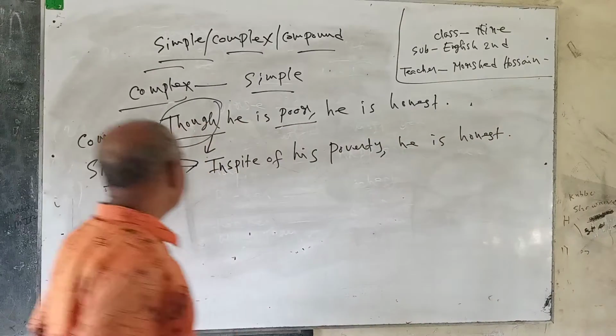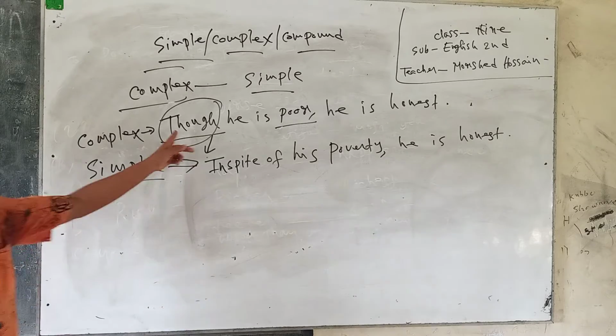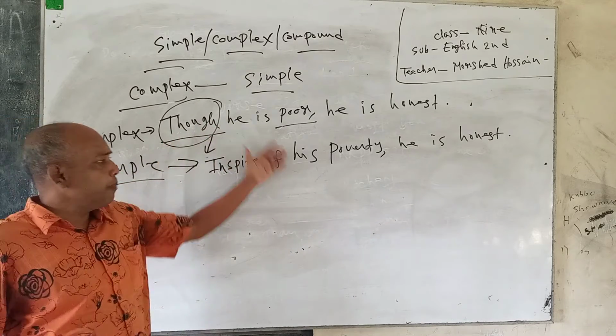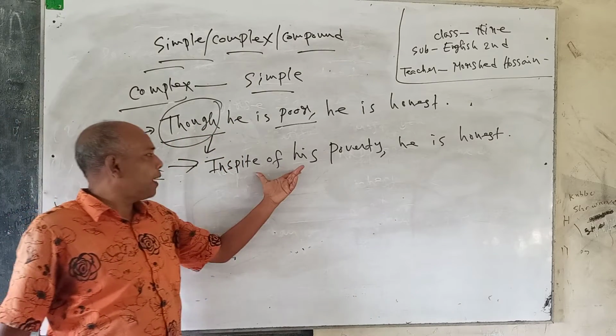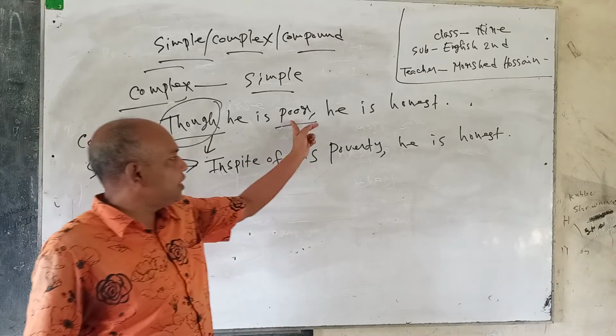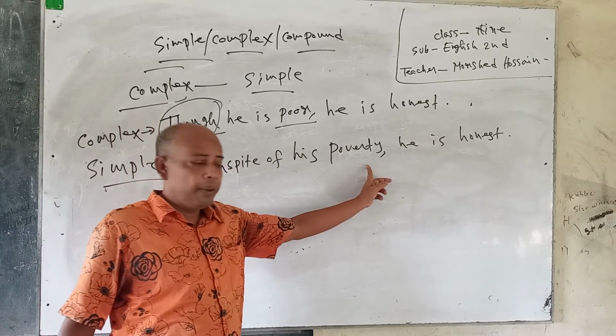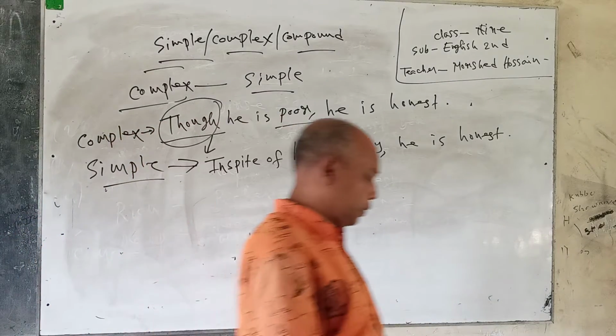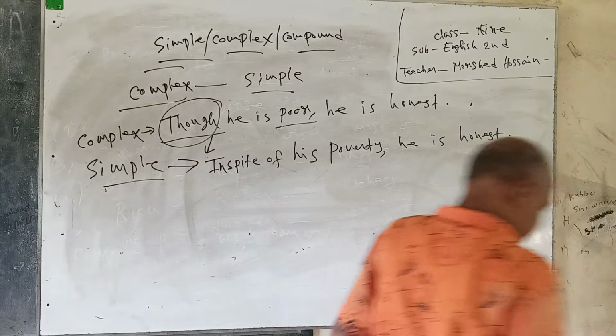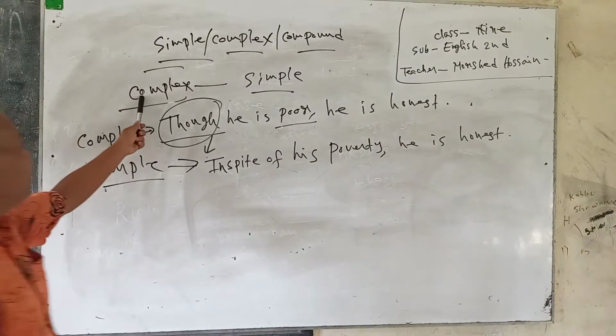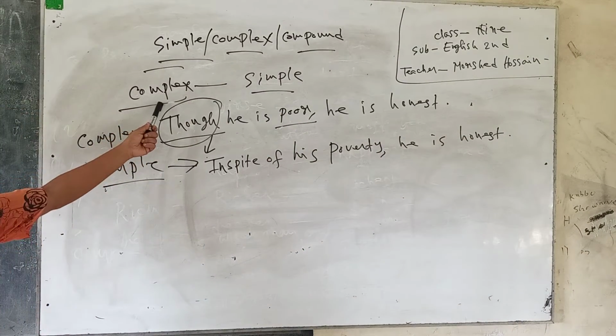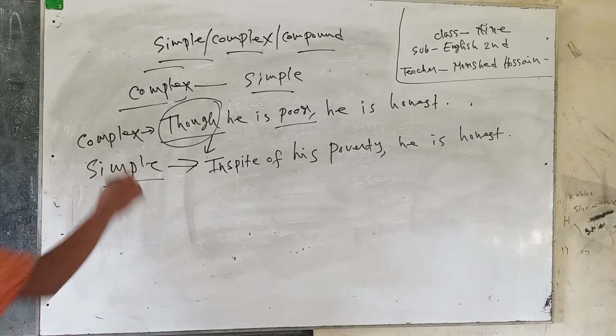So if there is a though form in the complex sentence, in the simple form it will divert into in spite of, and this adjective will turn into the noun form. So I think these are the rules of how you will change complex to simple.